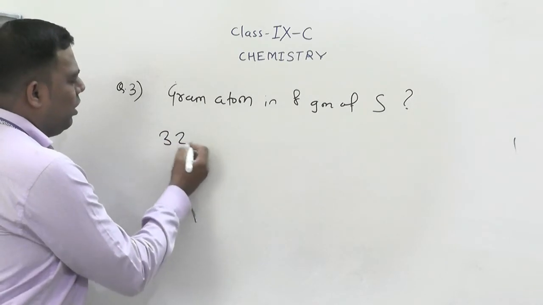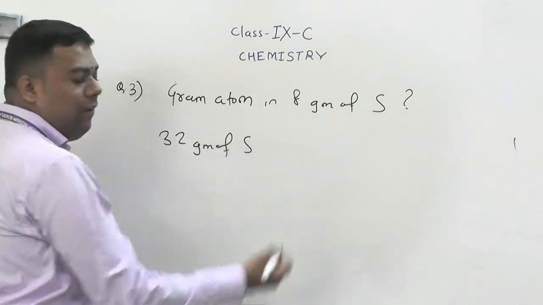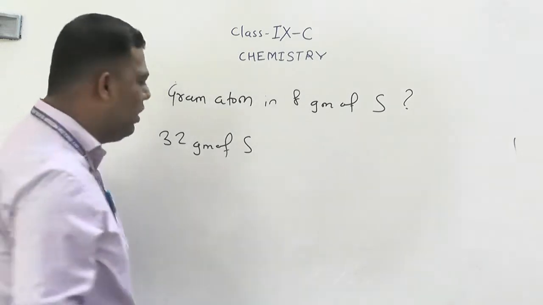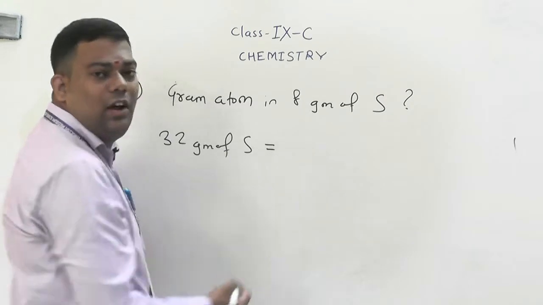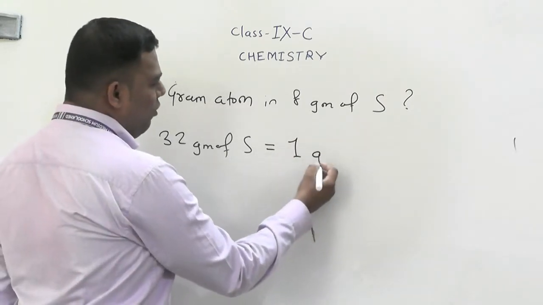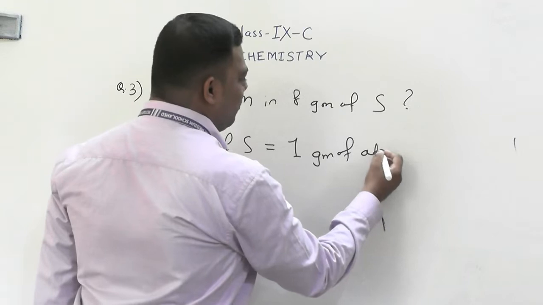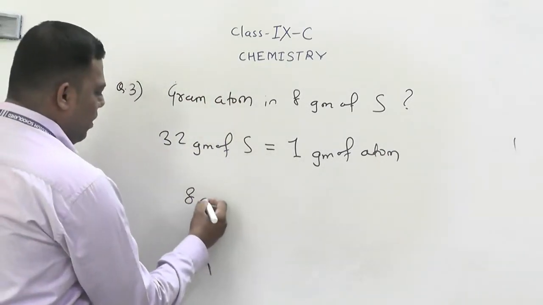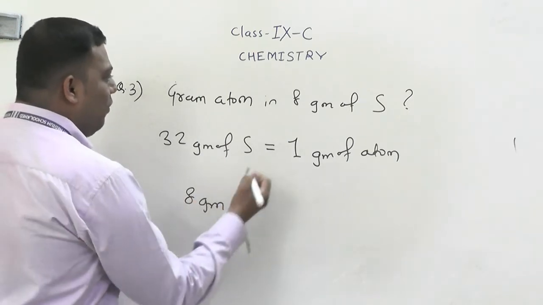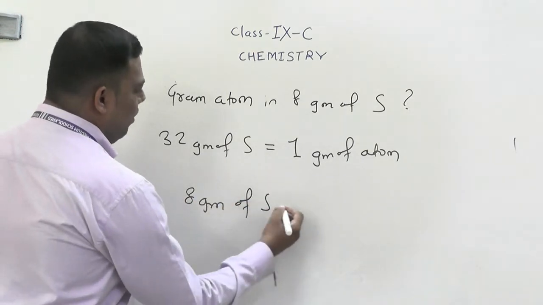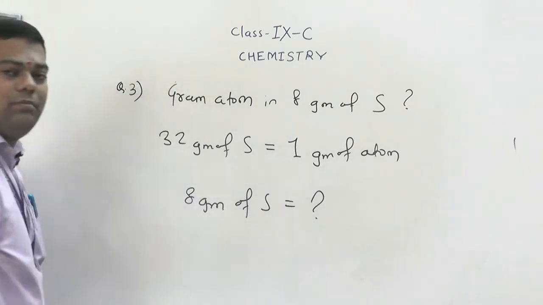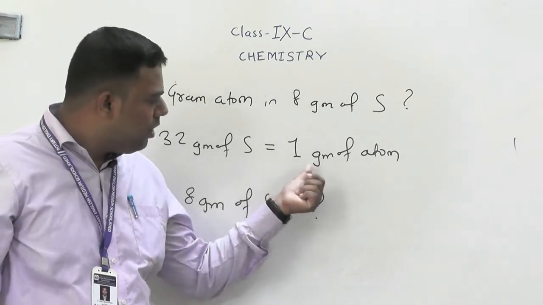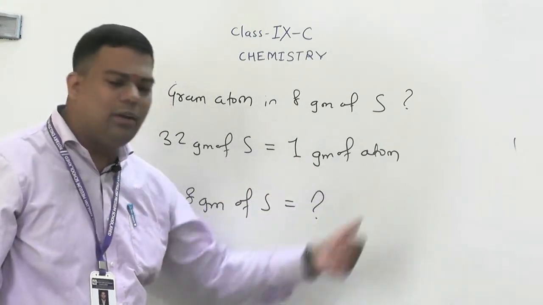See, 32 gram of sulfur is its atomic mass. In 32 gram of sulfur, how many gram atoms? We call it 1 gram atom. Understood? So in 8 gram of sulfur, how many gram atoms? 32 gram of sulfur is 1 gram atom.